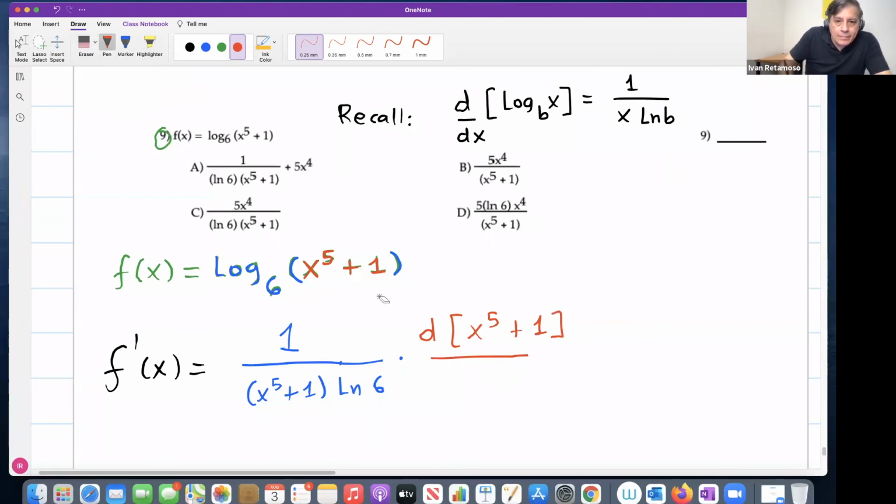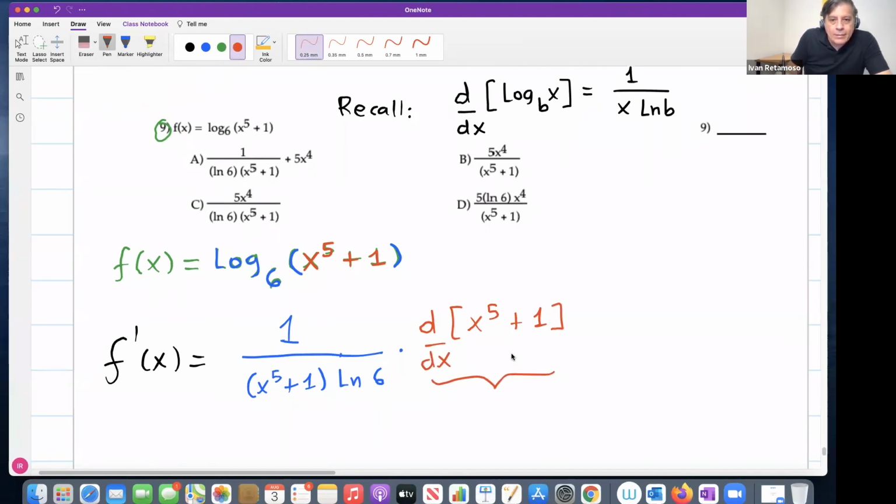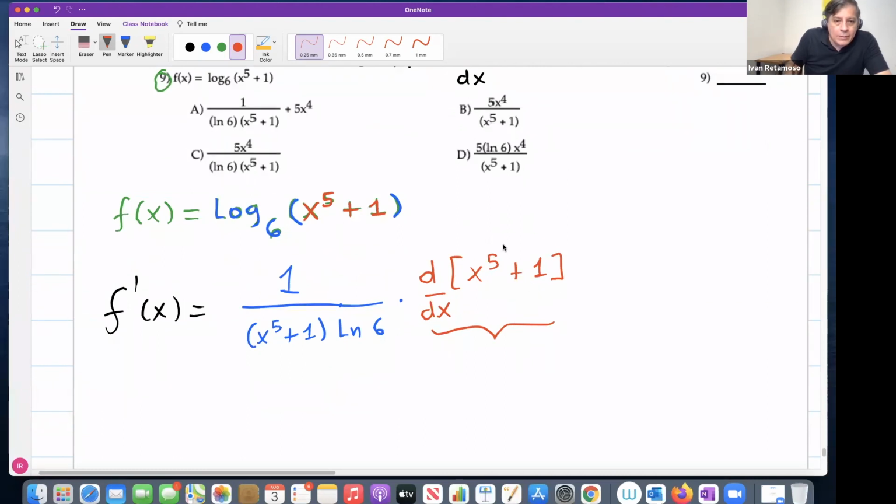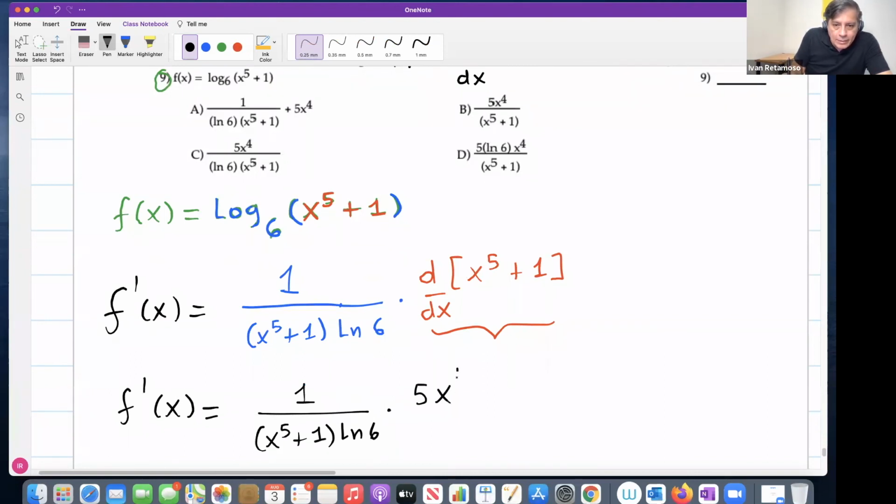Very carefully, d/dx here with respect to x. But this derivative is easy to compute. Derivative of polynomials at this point should be something that you do naturally. So this is just x to the 5th plus 1 multiplied by natural log of 6, times the derivative of this: 5 comes down, x stays with 1 less, to the 4.